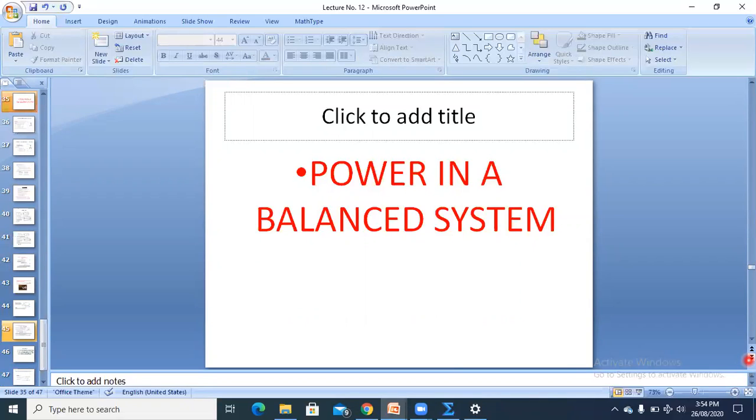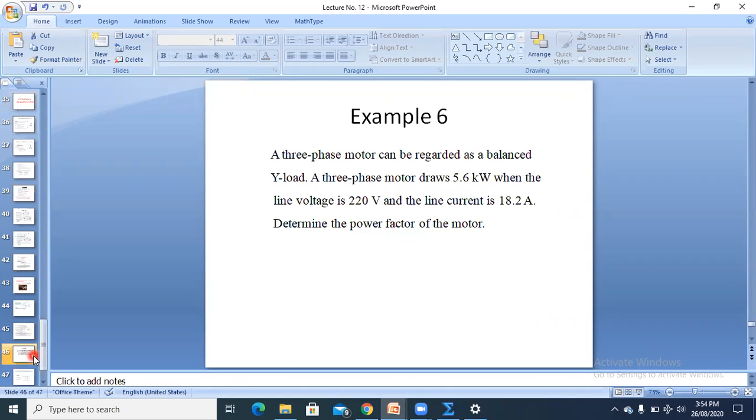Now we have to review these concepts in a three-phase system. In a three-phase system, we have almost the same procedure to find the power of the system.